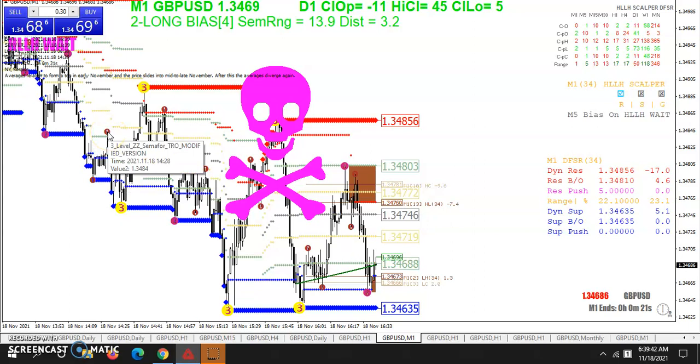I think it was here. What happened was I got in there and I didn't take my pip. I think that this one was the one. Anyway, so it went against me.